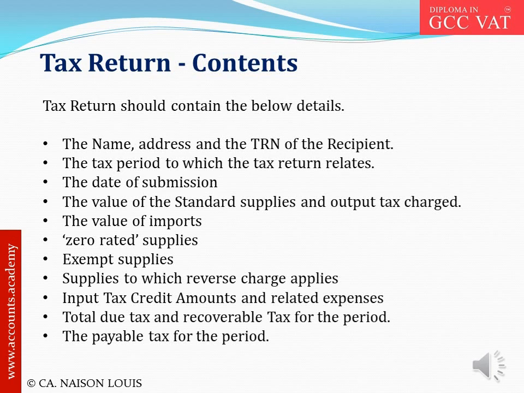Now let us understand about the contents that should be there in a tax return.